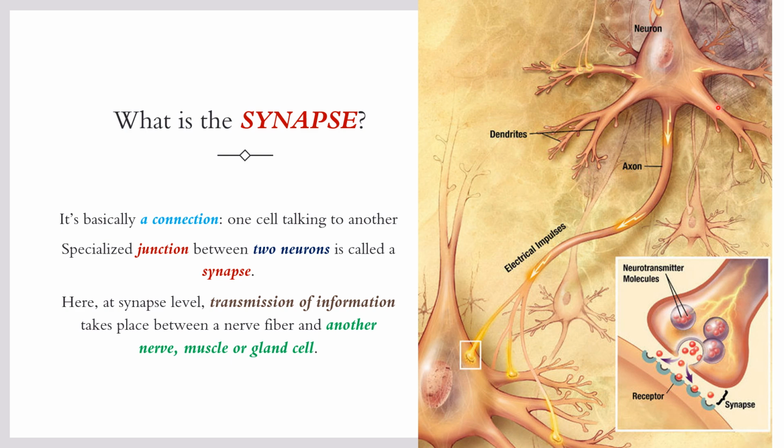Here are the dendrites, the nucleus, the soma, and we can recognize the axon, this long fiber, and with the yellow flash we can identify the action potential, or the electric impulse, running through the axon.